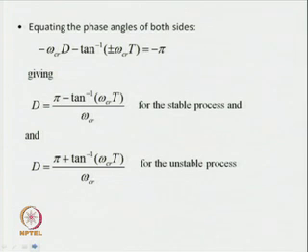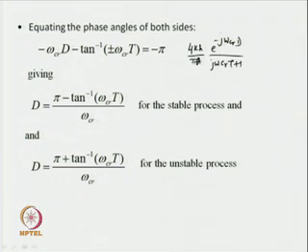Next, equating the phase angles of both sides. Again we know that the phase angle of both sides means that of (4kh/(πa)) e^(-jω_cr d)/(jω_cr T + 1).